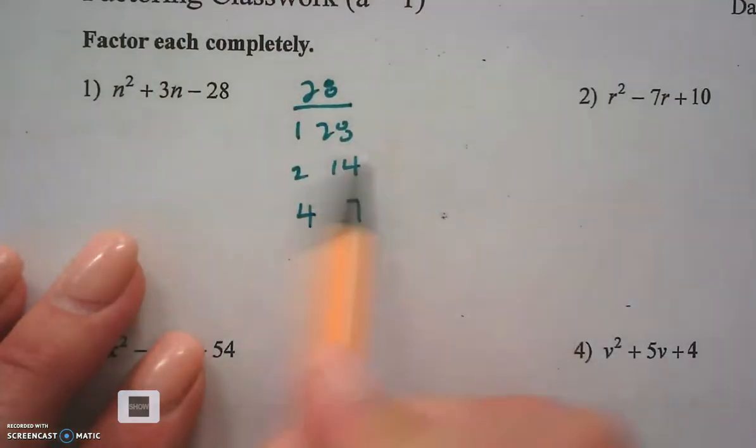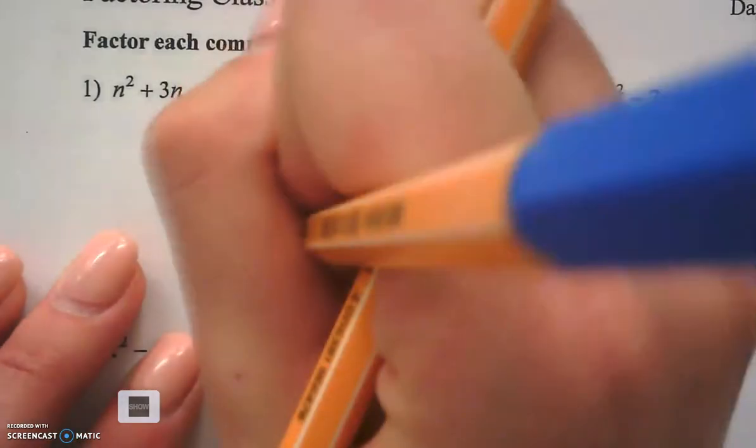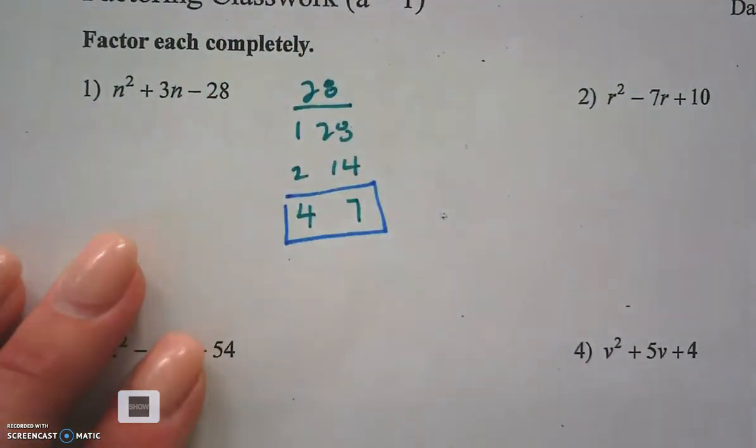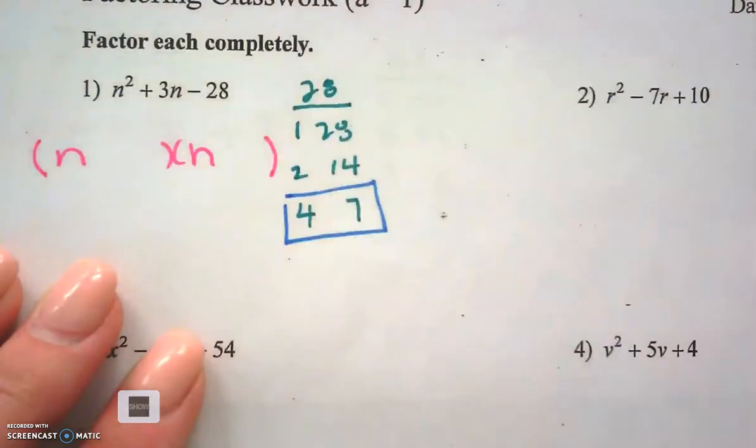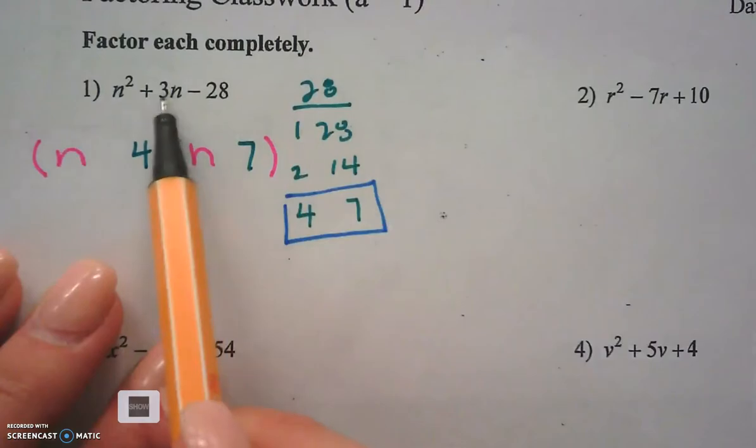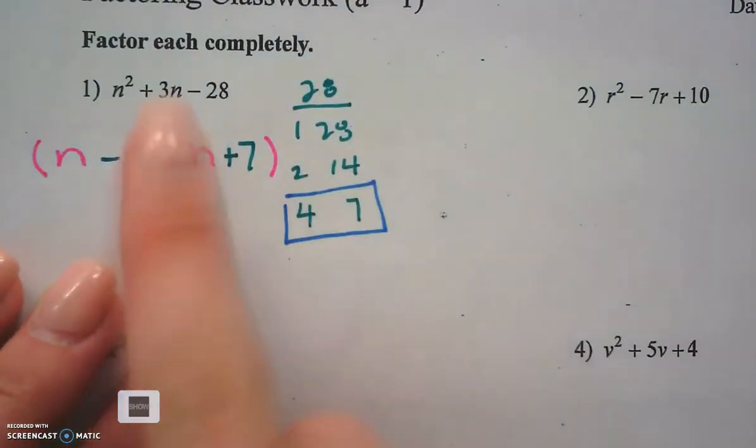Of those factors, which one can help me get to 3? 4 and 7. So I'm going to put an N and an N, and a 4 and a 7. If I want a positive 3, I should have a positive 7, because 7 minus 4 is 3.